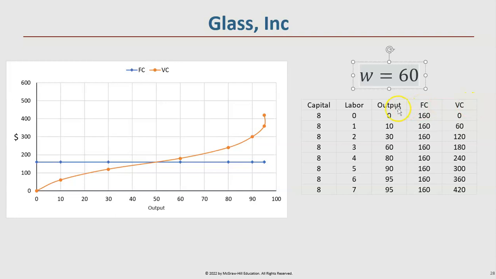But since output goes through two stages of production in the part of the spreadsheet that I have plotted here, up to 7 units of labor, if you plot output against the variable cost, you get this curved line that's orange, and the data points are labeled with the circle.